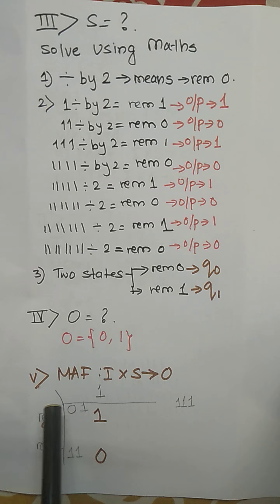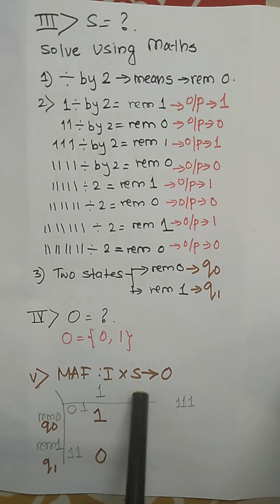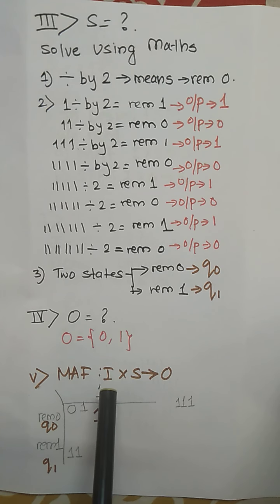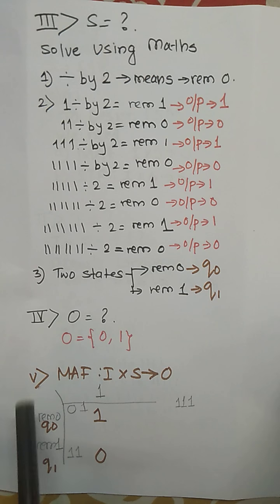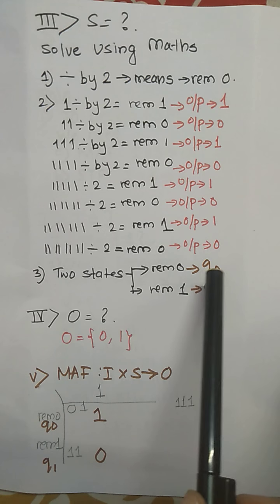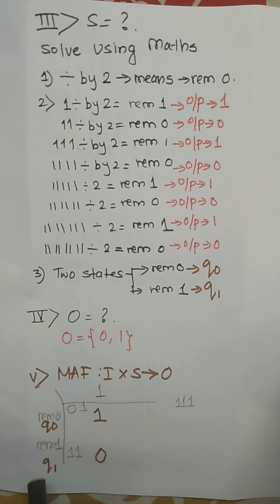Now we are going to design the machine function. The input with the current state produces the output. On this table, as the row header we write I is 1. On the column header we write S, which is Q0 and Q1. Now Q0 means the previous remainder is 0, and the next bit 1 makes the number 1.